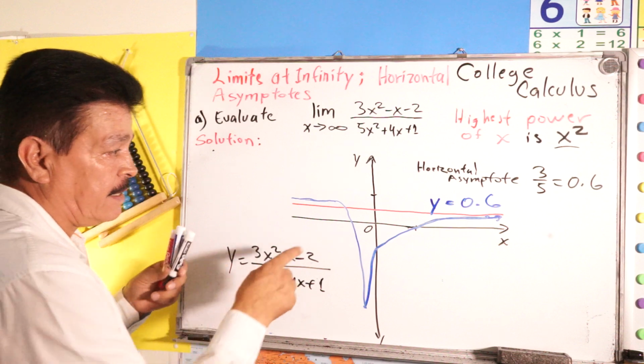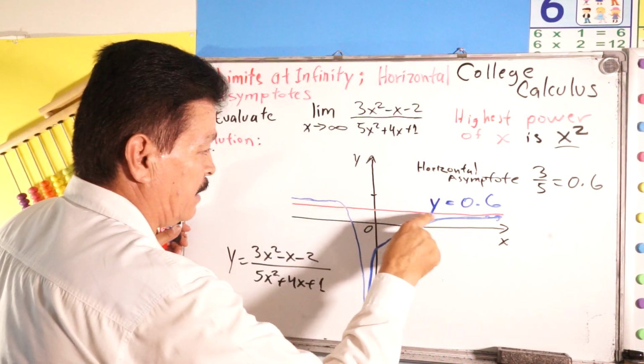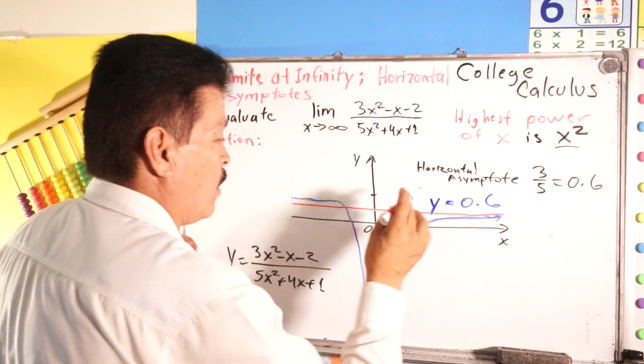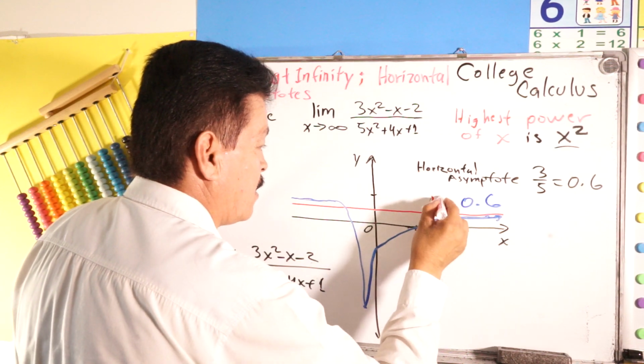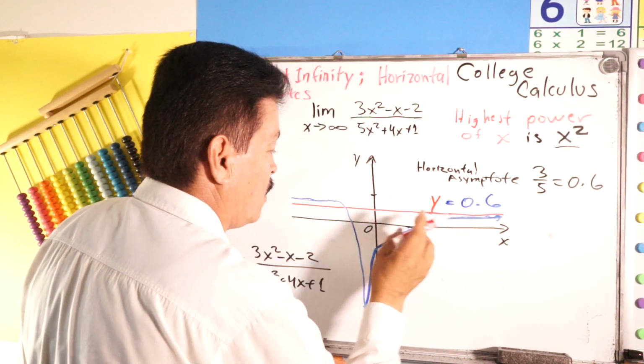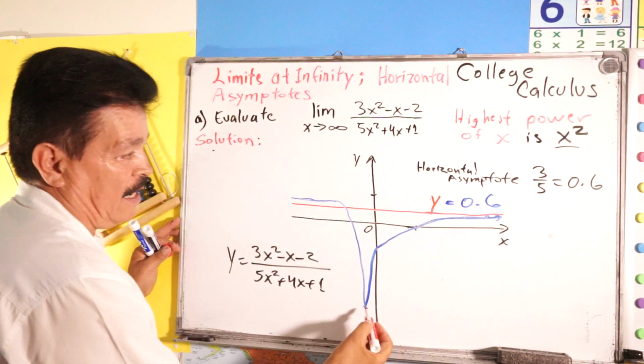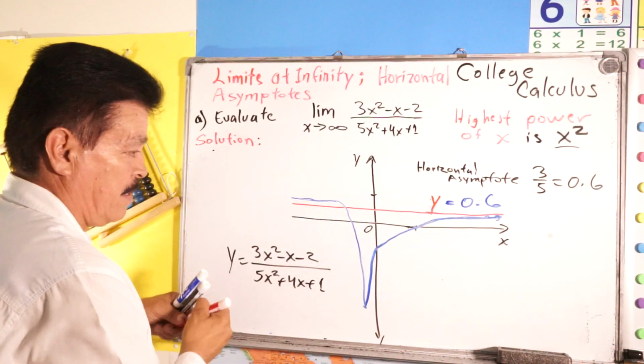Very simple. This is the asymptote line, y equals 3/5. Let me write it in red. So the graph runs in this way.